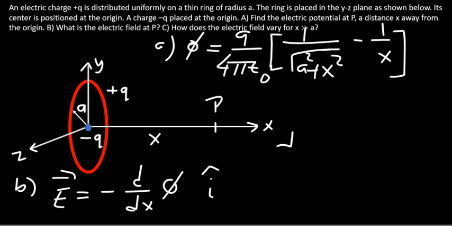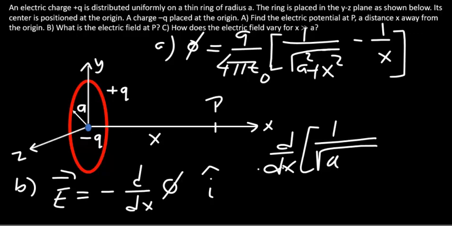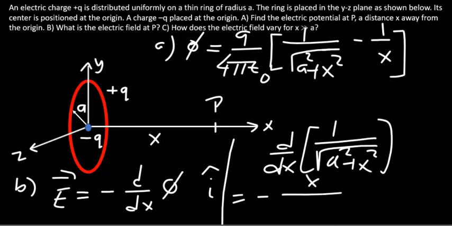The derivative with respect to x of the first term, which is 1 over square root a squared plus x squared, is standard. It is quite simply minus x over a squared plus x squared to the power 3 over 2.